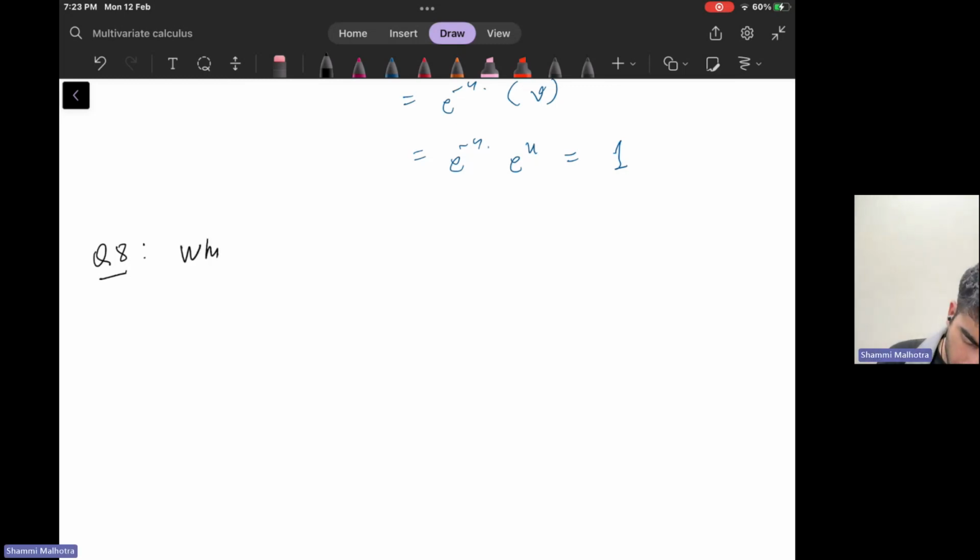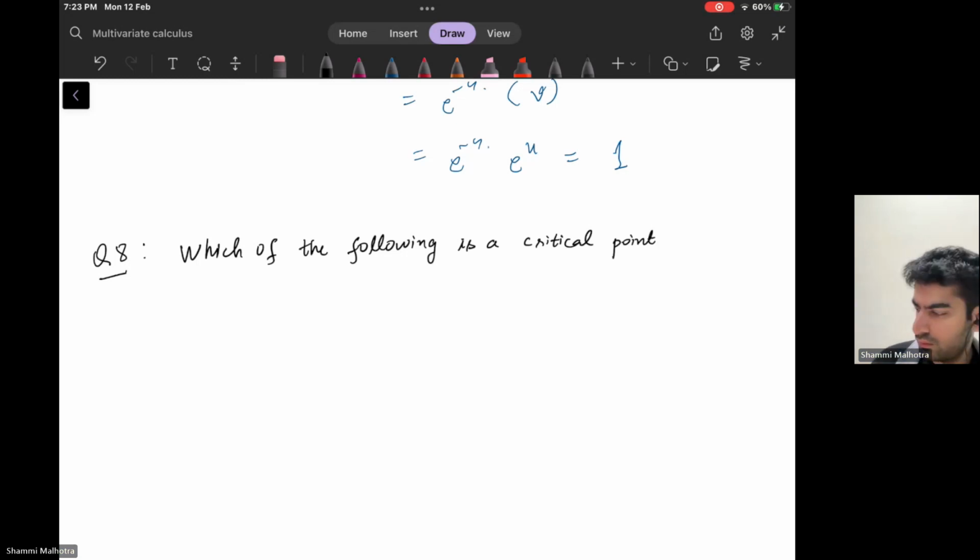So the question is, which of the following is a critical point for the function?